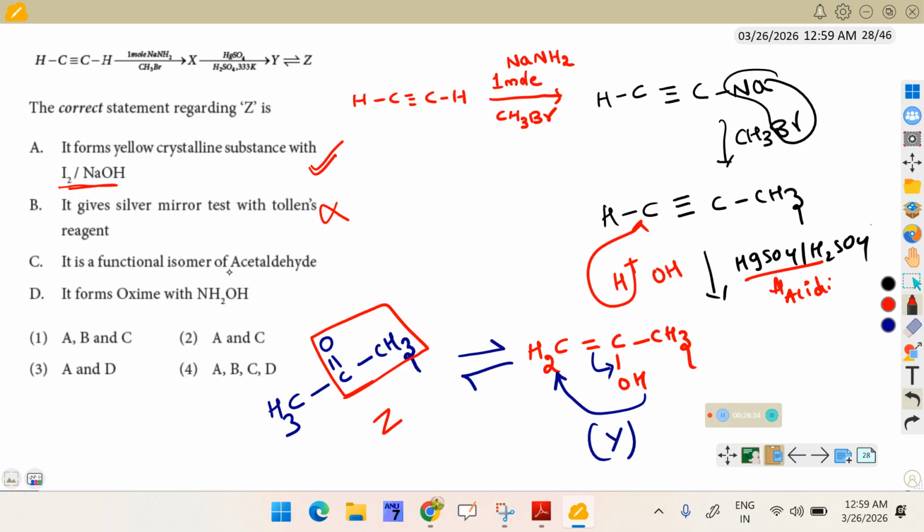It is a functional isomer of acetaldehyde. Acetaldehyde formula CH3CHO has 2 carbon atoms, but here 3 carbon atoms are present. No. It forms oxime with hydroxylamine. Yes, correct. Aldehydes and ketones both react with hydroxylamine. A and D are correct.